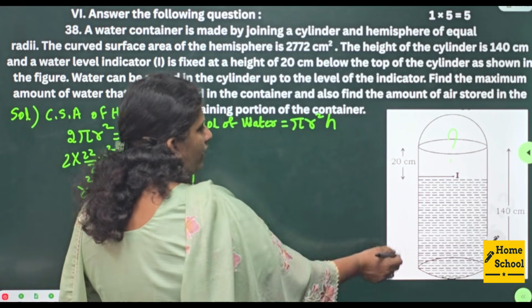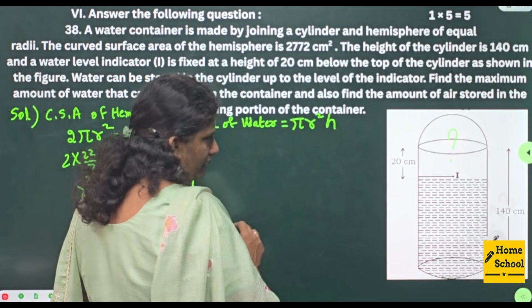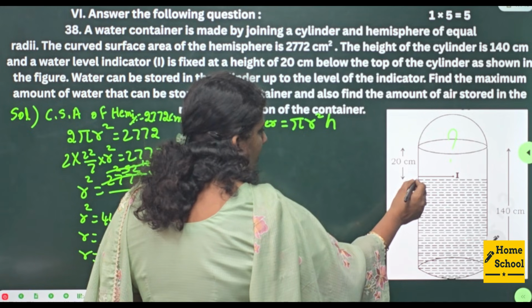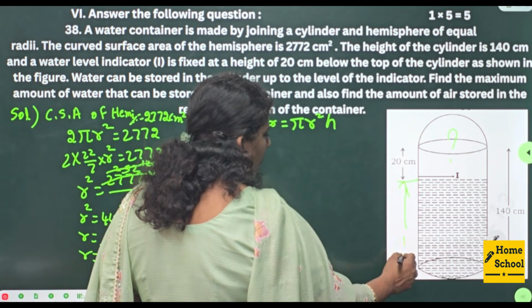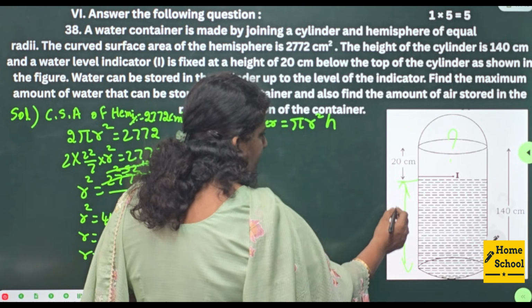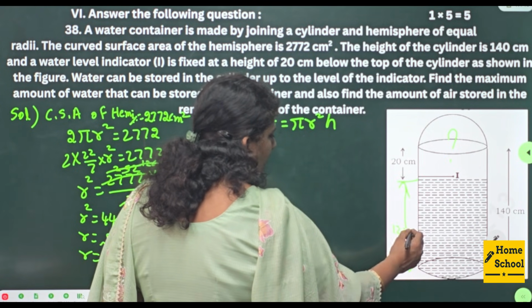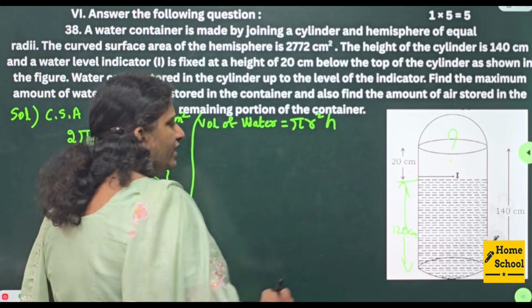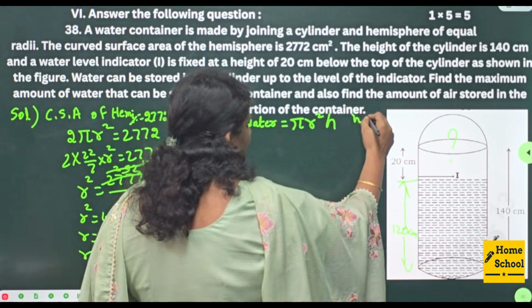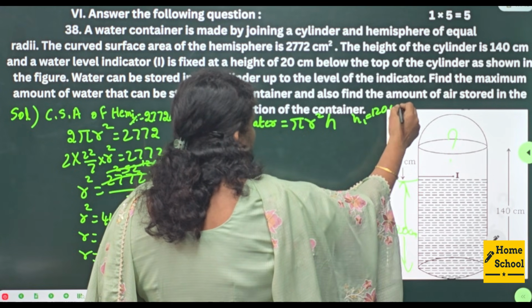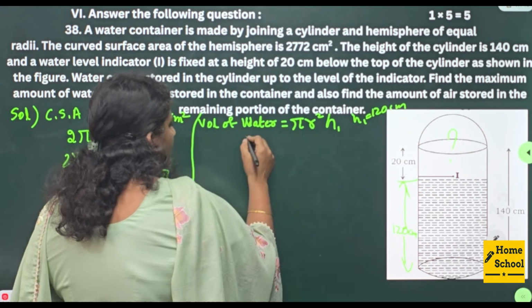So volume of water contained in the cylinder we need. We know water is up to this height only. So only h means I need only this one. 140 subtract 20. Height of the cylinder which is containing water is 120 centimeter. That you need to write properly here. H1 is equal to 120 centimeter now.